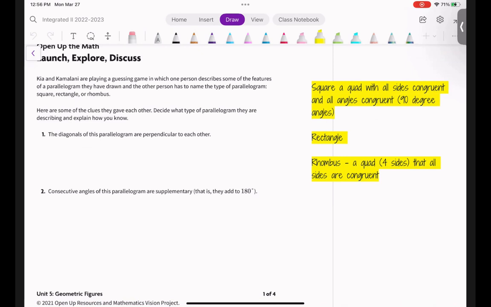Really good. Okay, what makes a rectangle then? What makes a rectangle a rectangle?